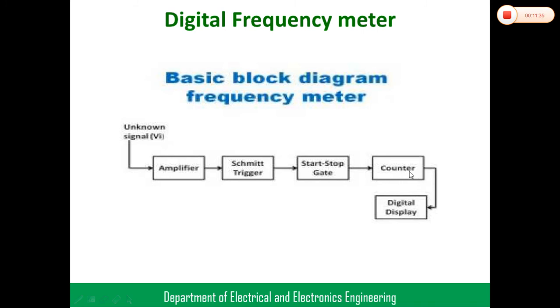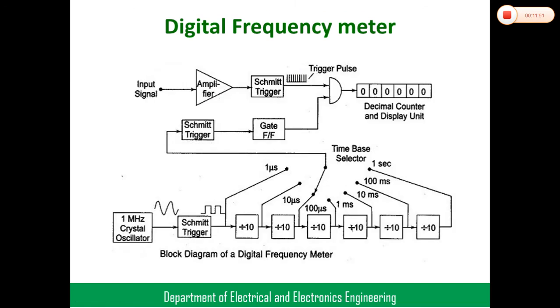When the gate is disabled, the counter stops counting the input pulses, and the count is shown on the digital display. This is the basic block diagram. By using this we can measure the frequency with the digital counter.